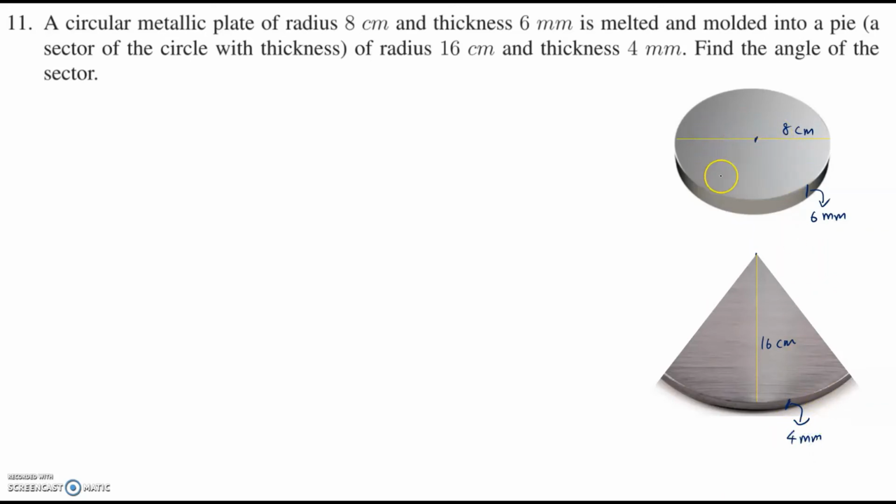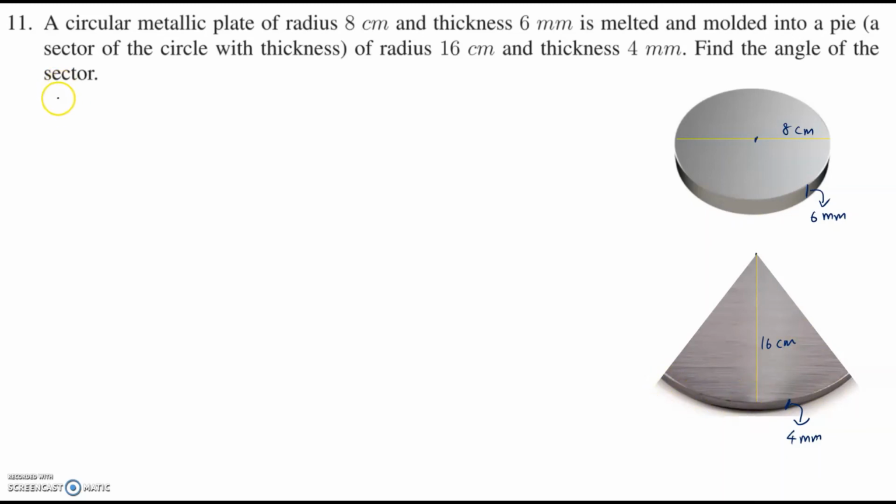Since the same material is used to recreate this, the volume of the plate and the volume of the pie are equal. We are supposed to find the angle of the sector. So first let's equate the volumes.